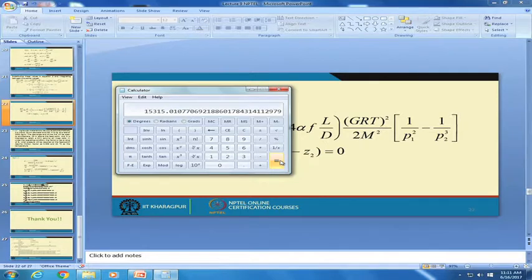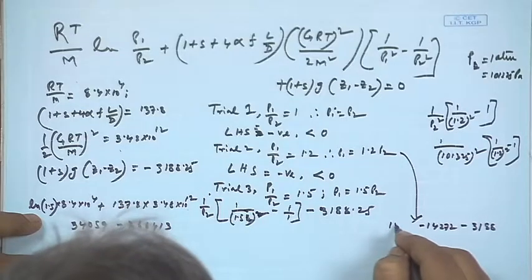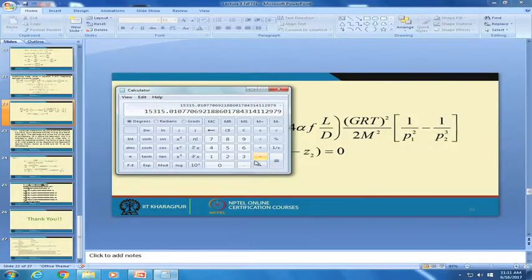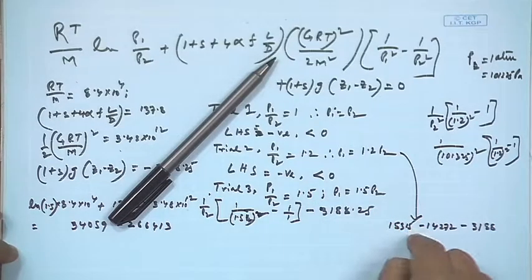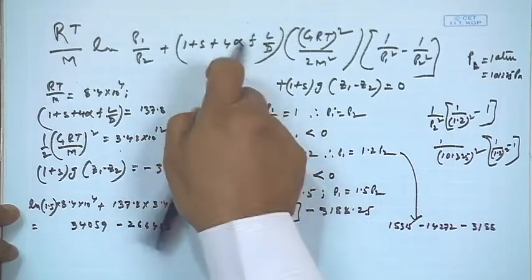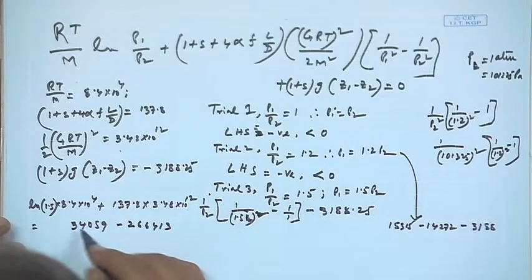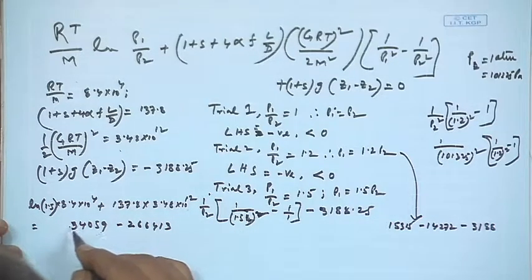So 15315. So plus 15315 minus 14372, minus 3188 was a negative value. It is true, right? So we have to convert this 1 atmosphere to Pascal and substitute this into P2, then only we can get it.